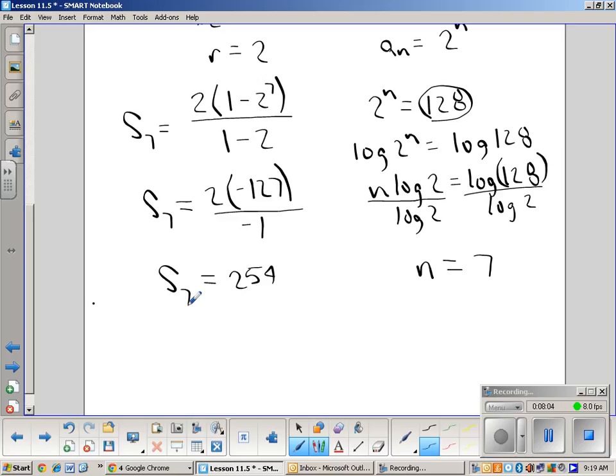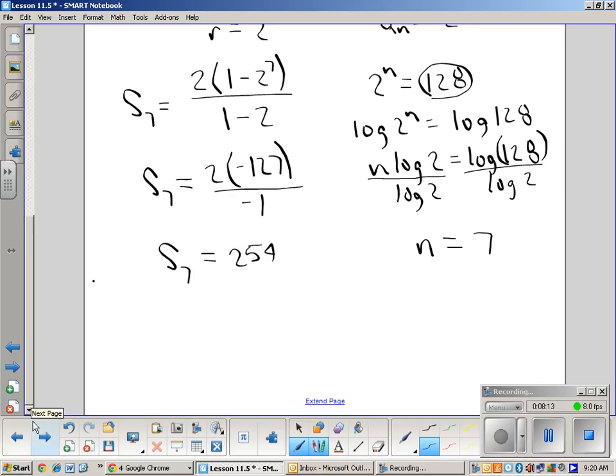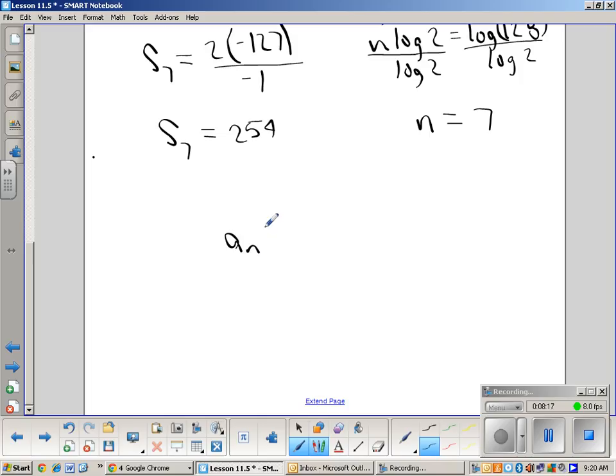Geometric sequences, lesson 3. It says a sub n equals a sub 1 times r to the n minus 1.